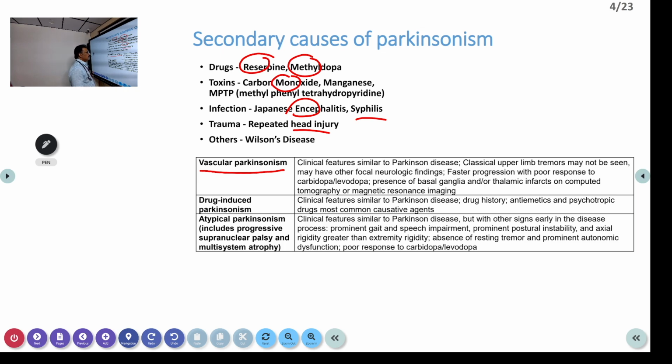Most of these conditions will not respond to carbidopa, levodopa. That is the drug of choice in Parkinsonism. They will not respond. Again, some drugs can produce Parkinsonism and atypical Parkinsonism. Atypical Parkinsonism we'll see afterwards. But the main feature of all these secondary Parkinsonism is that they don't respond to carbidopa, levodopa.